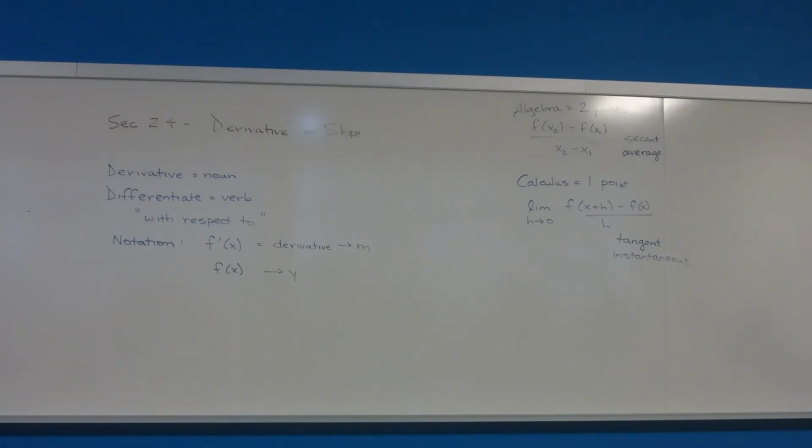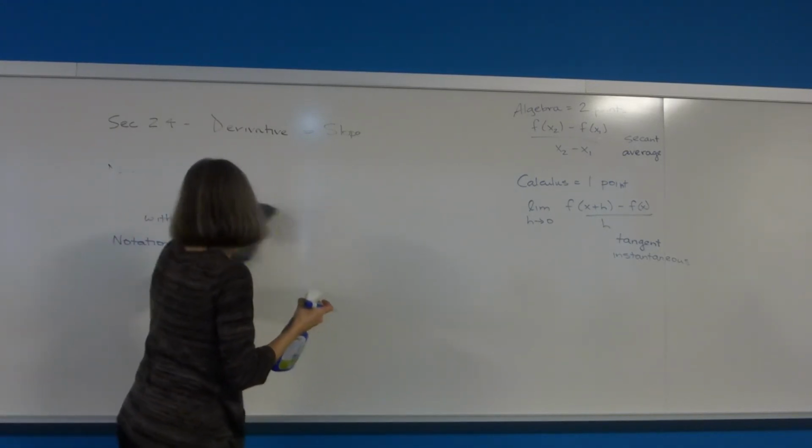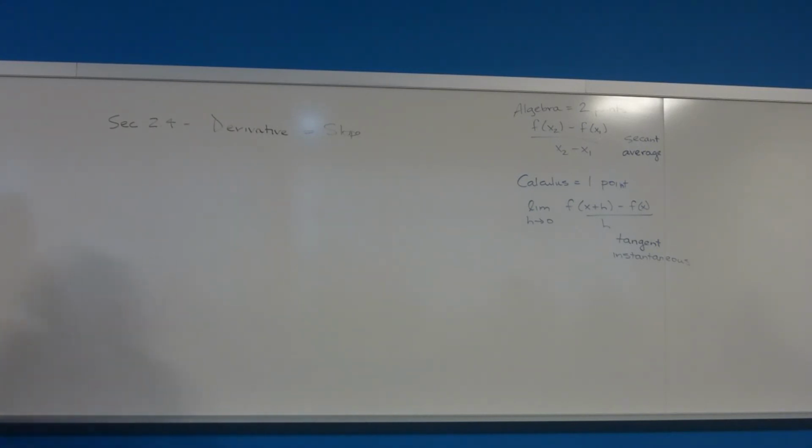Okay, so let's do a couple. All right, so I'm going to have you do one. So here it is, and then I think we would have time for one more probably. Okay, so here's one.